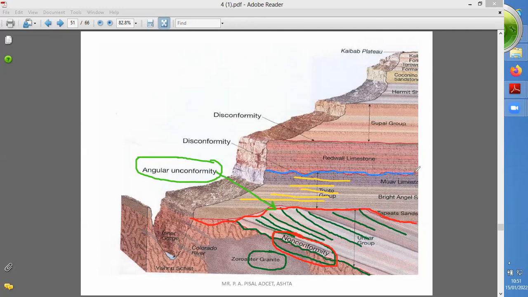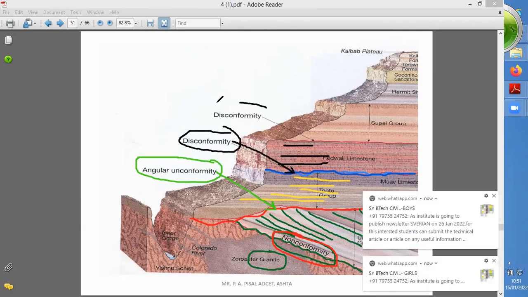आता त्याच्यानंतरची अनकन्फॉर्मिटी, जी मी ब्ल्यू कलरनं मार्क केलेली आहे ती. ओके, सो दिस अनकन्फॉर्मिटी which I have marked here in the blue color, now look at the orientation of the rocks above and below, all the rocks are generally horizontal and parallel to each other. Okay, that's why this type of unconformity is again considered as a disconformity.